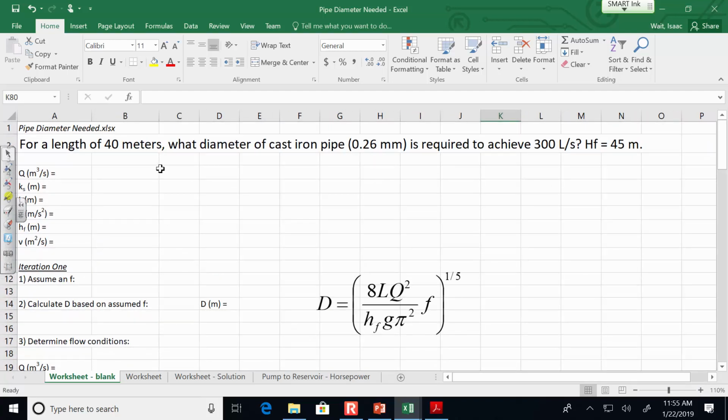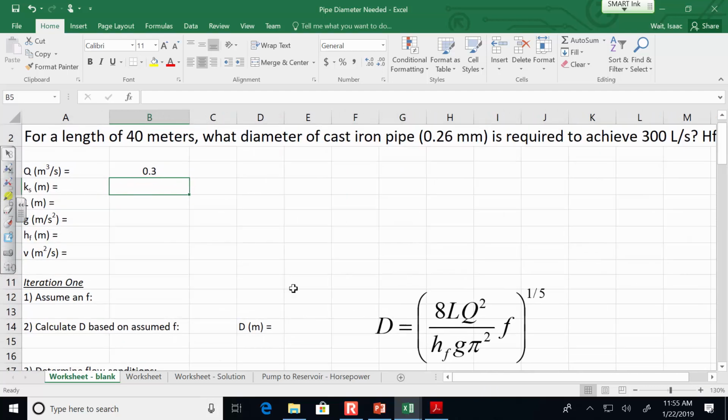Okay, so our flow rate was 0.3 cubic meters per second. The K sub S for this pipe is in terms of meters, because I want everything to be in consistent units. I either have to do this in millimeters with the pipe diameter in millimeters, or I'll just do this in meters. And so it's 0.00026. The length of the pipe is 40 meters.